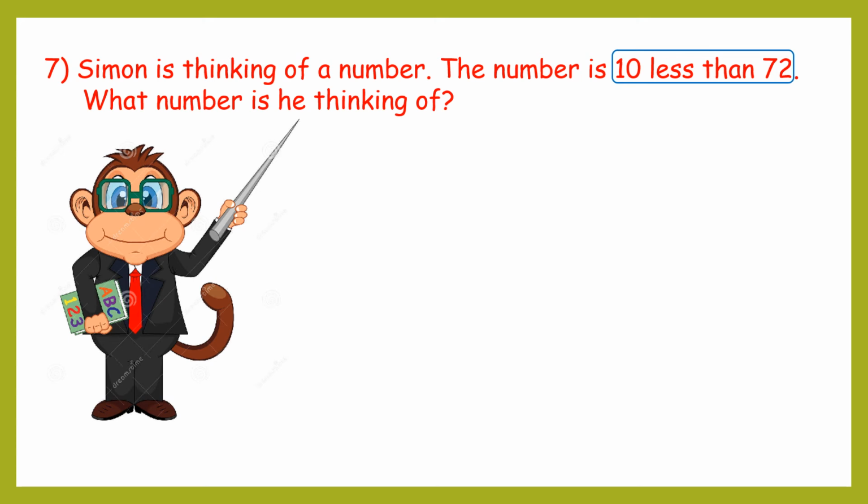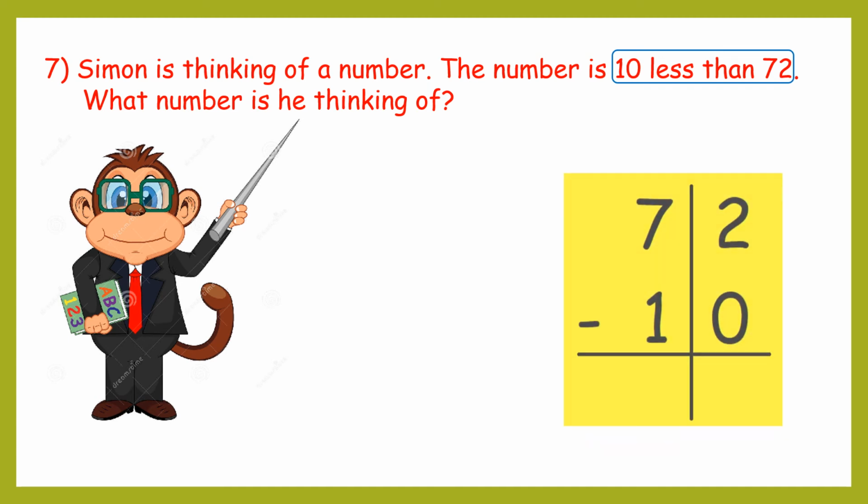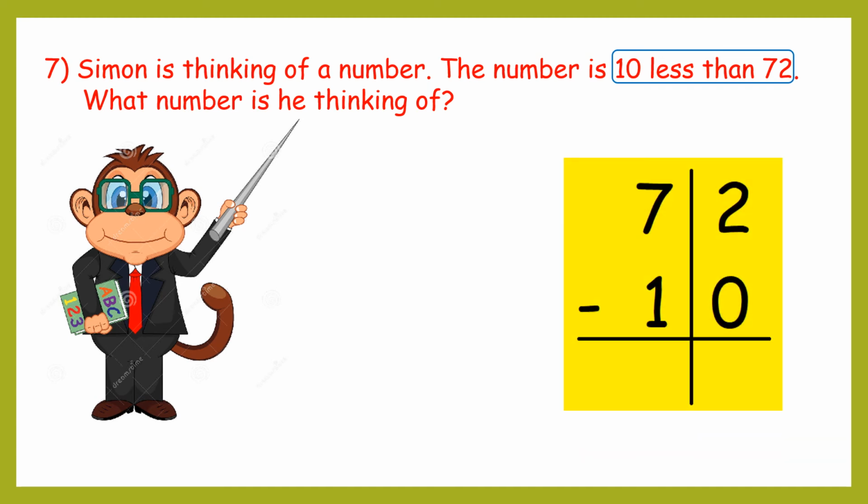So in here, to find the answer of what number Simon is thinking of, we minus 10 less than 72. Now we can do our column method to check our answer.